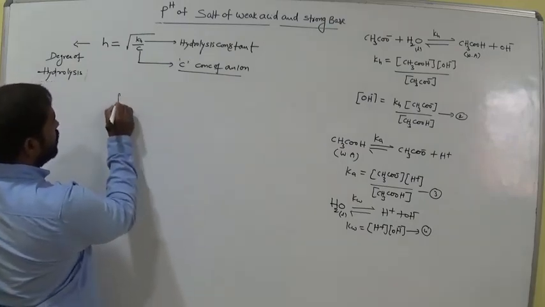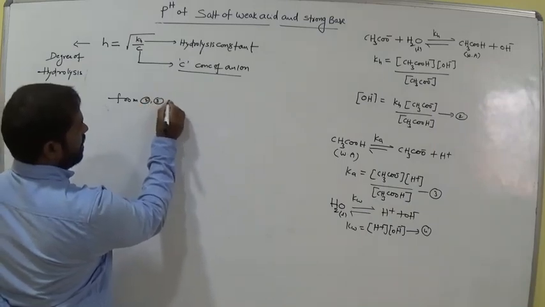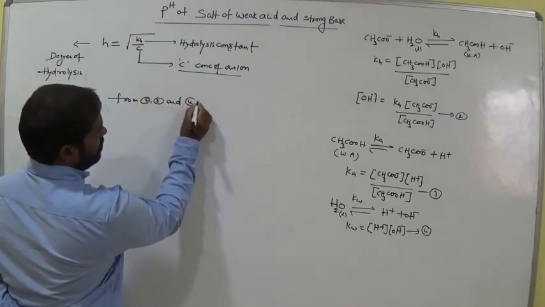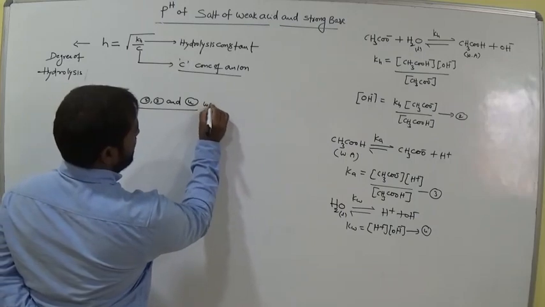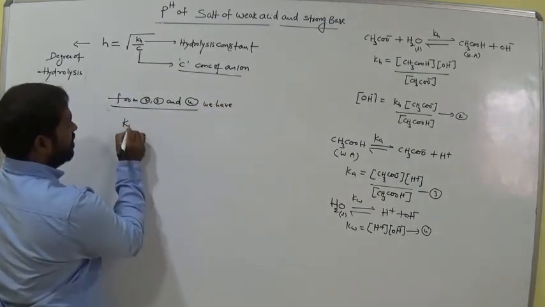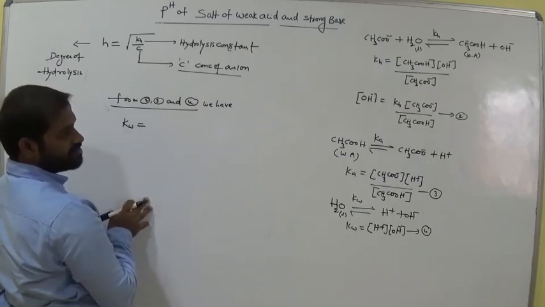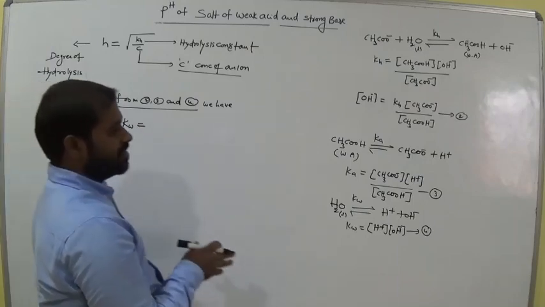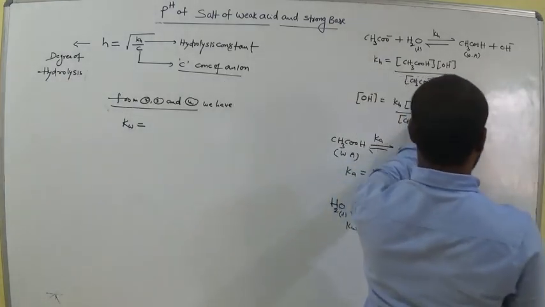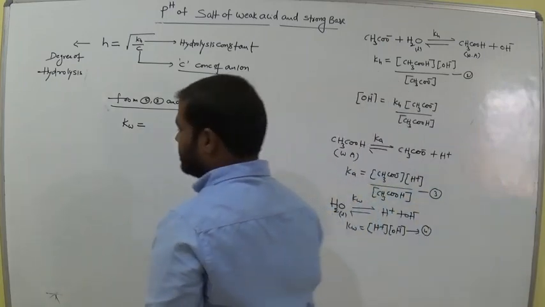From 2, 3 and 4 we have the relation. Kw equals, take this one as 2, consider this one for our convenience.